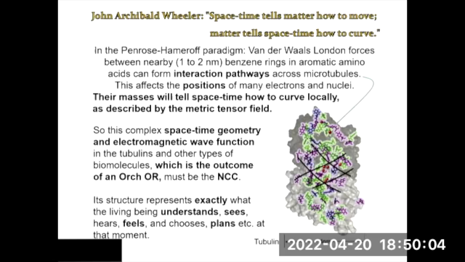For instance, the geometry of a resonating enormous amount of pi rings in microtubules. So this is in fact the outcome of an orchestrated objective reduction, and you could call that the neural or tubulin correlative consciousness, and this structure represents exactly what the living being understands and sees, etc.